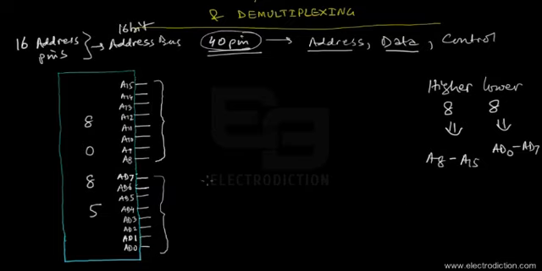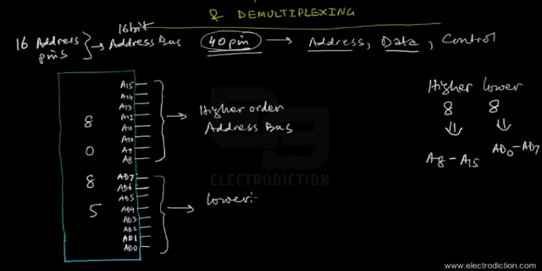The upper half is referred to as the higher order address bus, while the lower half is referred to as the lower order address or data bus.